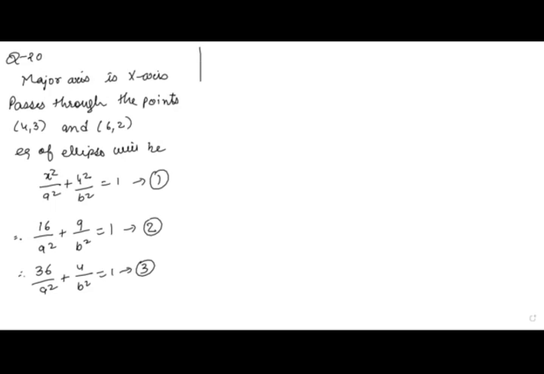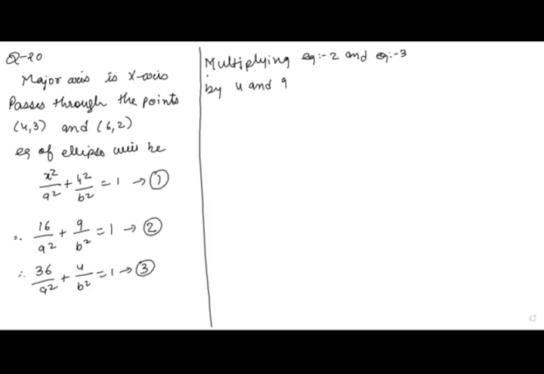Now I will use the elimination method to find the value of a square and b square. So what I will do is I will multiply equation 2 and equation 3 by 4 and 9 respectively.